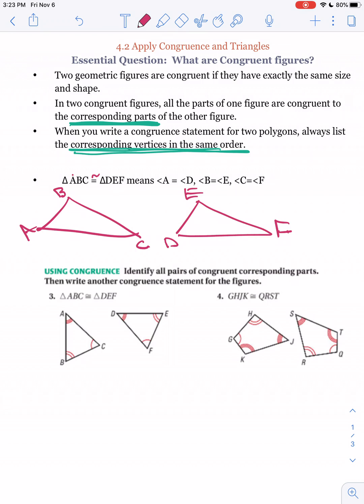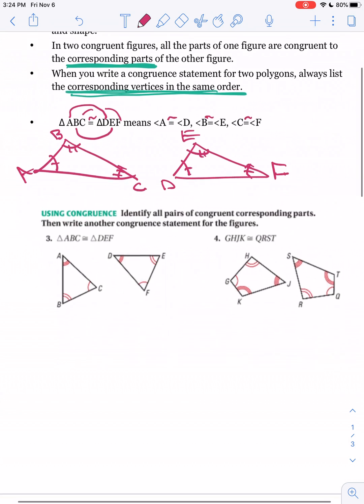What they're telling you is angle A and angle D are congruent. They're the same by our congruent statement. We know those are congruent. They're telling us angle B and angle E are congruent. And then finally, of course, angle C and angle F are congruent.